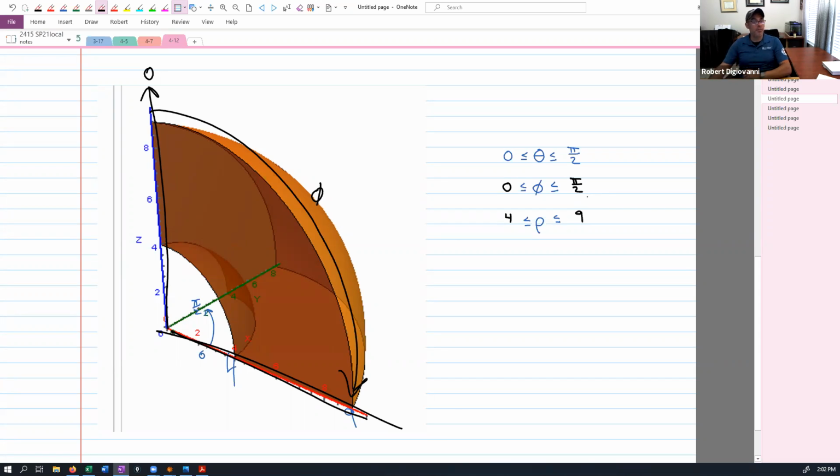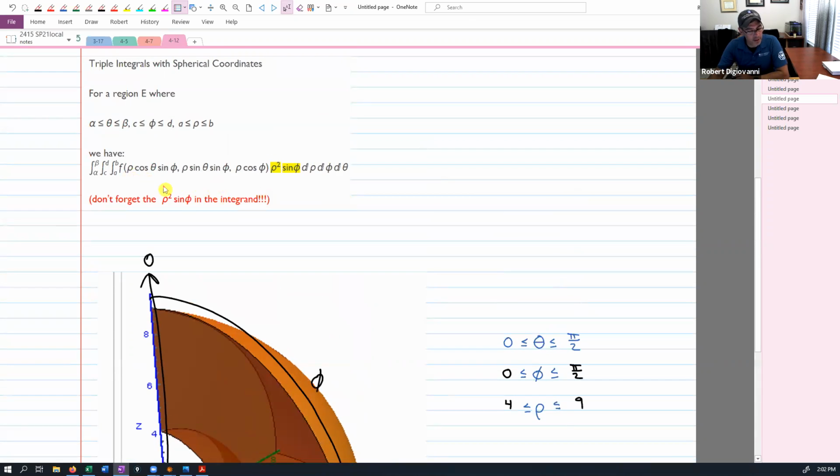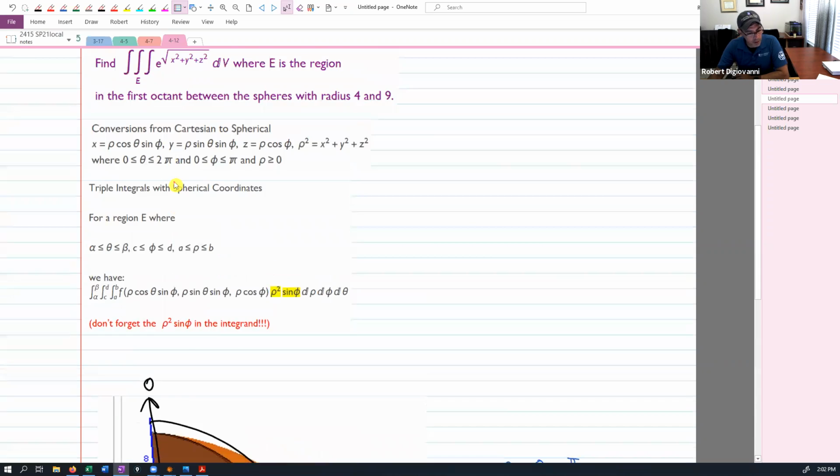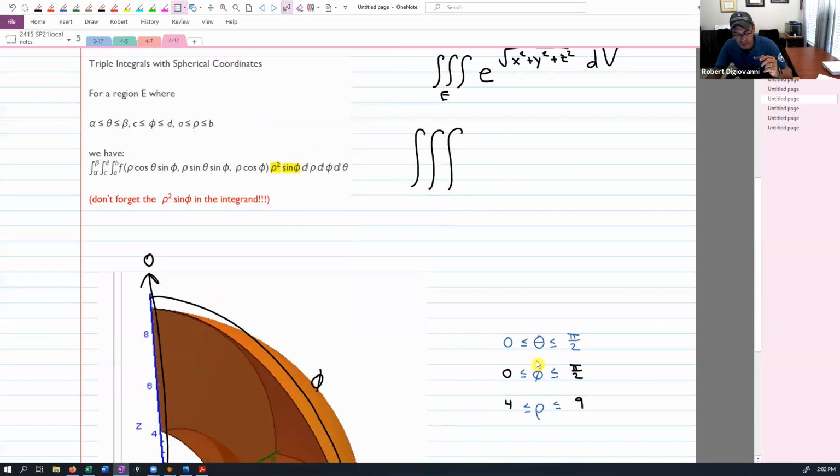And now we set up the triple integral. Okay, so we're going to be using this formula here. And remember that we have to convert x to this, y to this, z to this, and then we have this identity. So when we look at this triple integral over E of e to the square root of x squared plus y squared plus z squared dV, this now becomes triple integral over, well, we can do these limits of integration now.